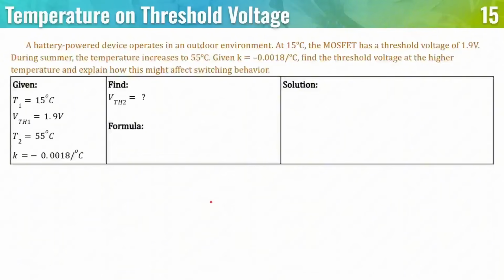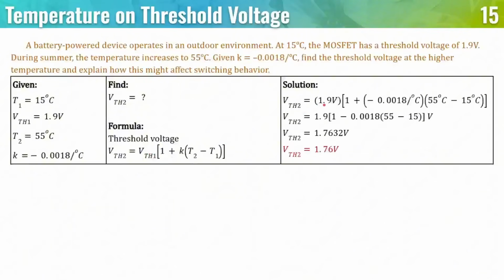So, identifying the given as usual, we start at 15 degrees Celsius and end at 55 degrees Celsius. And then we match the other values based on the temperatures. So solving for VTH2, we use this formula and then we substitute 1.9 volts for VTH1, negative 0.0018 per degree Celsius for K, and then a change of 40 degrees.